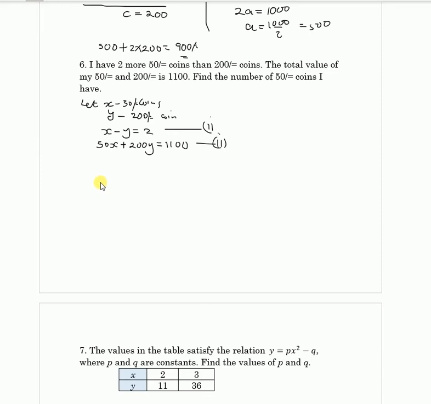Let us multiply equation 1 by 200. So we have 200x minus 200y equal to 400. Then I write the second equation, 50x plus 200y is equal to 1100.